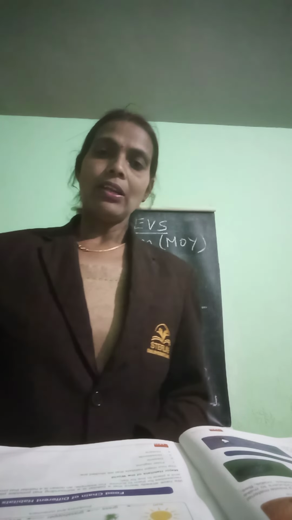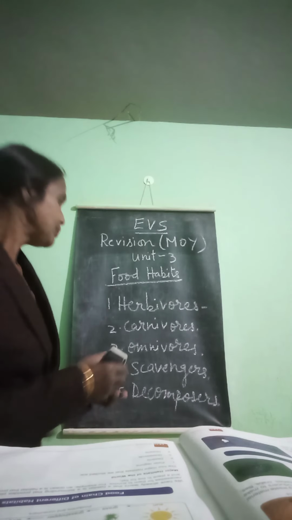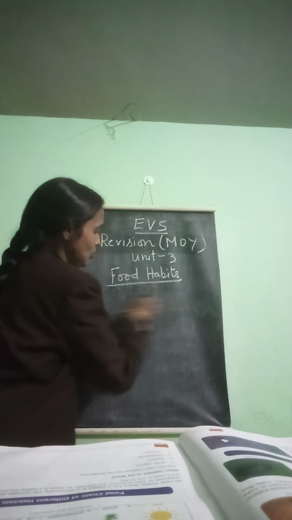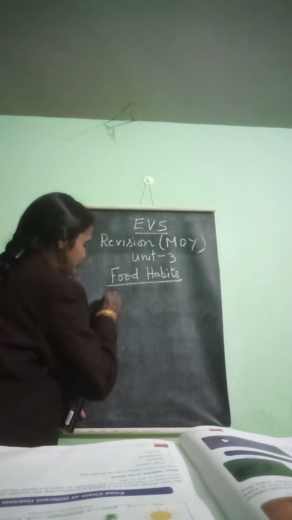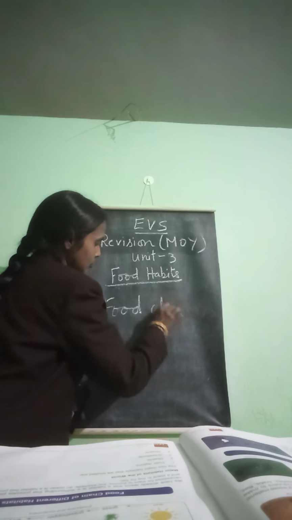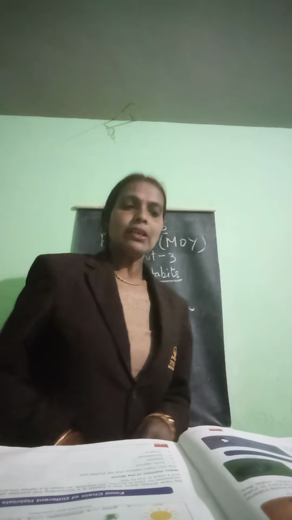Now we will learn about food chain. What is food chain? We have already learned about food chain. A food chain represents a feeding relationship between different living beings in a particular habitat. It shows who eats whom. Suppose this is grass.